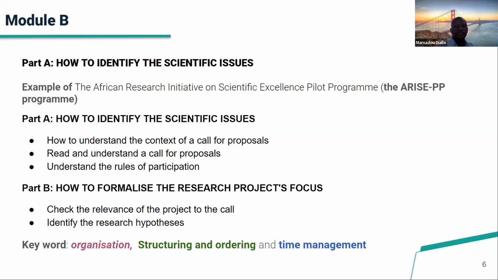So here, the key word is organization, structuring and ordering ideas, tasks, time, and finally, time management. These are key aspects you have to understand and to keep in mind through this fifth module.